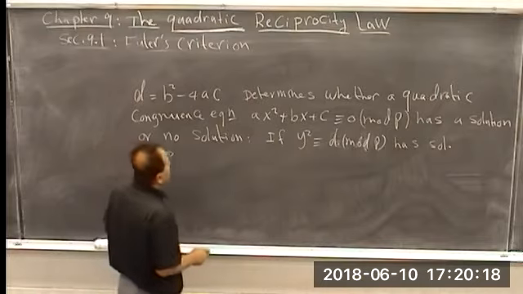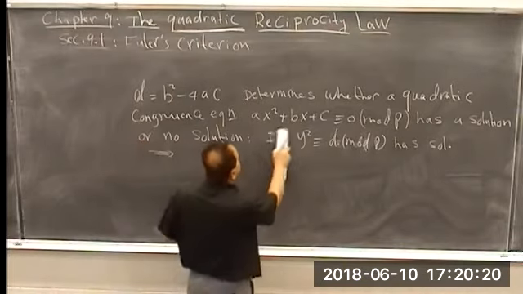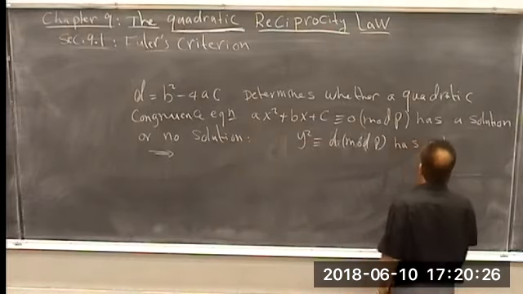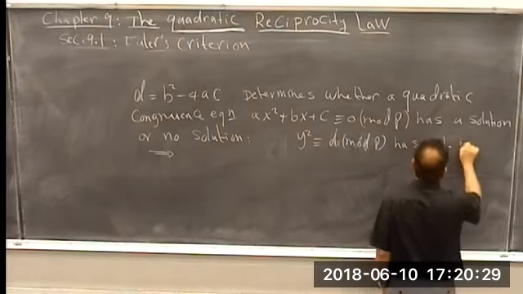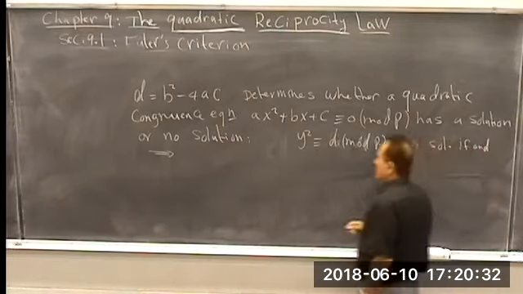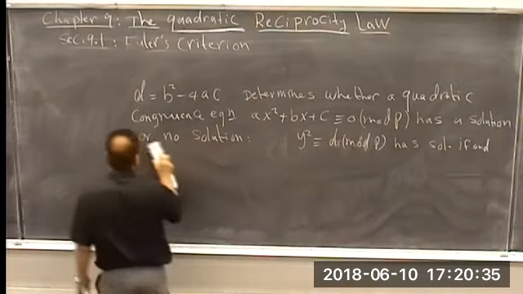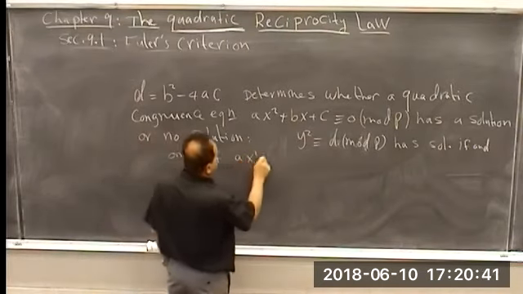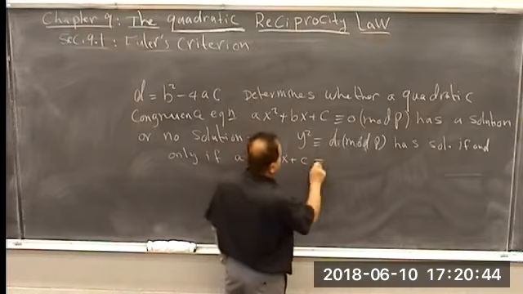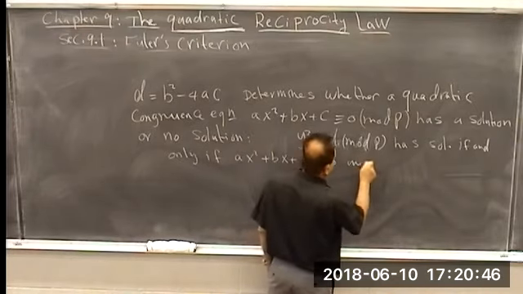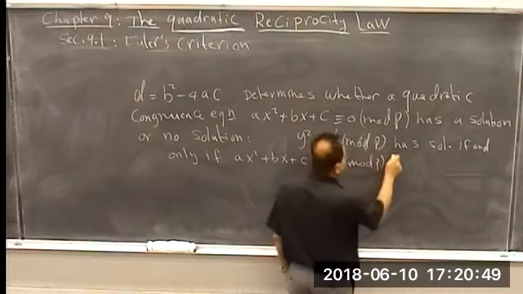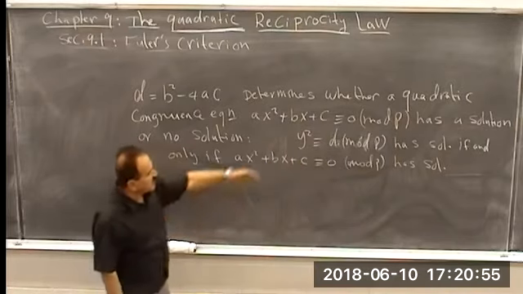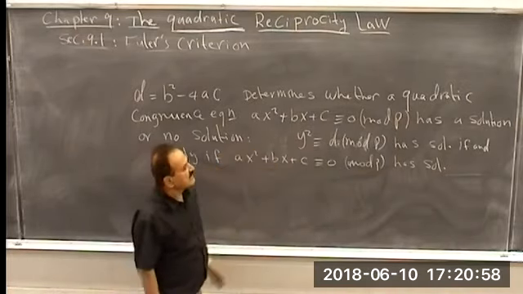Or actually, we'll say that this one has a solution if and only if ax squared plus bx plus c equal to 0 mod b has a solution. Of course, if this doesn't have a solution, this doesn't have a solution, and the converse is good.